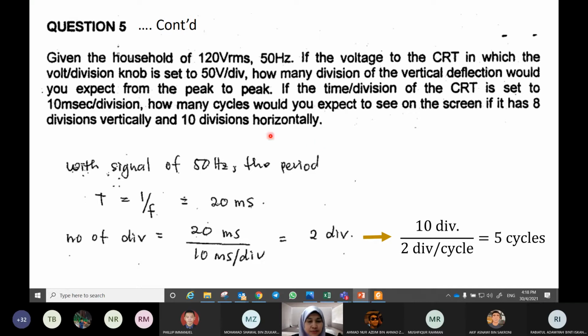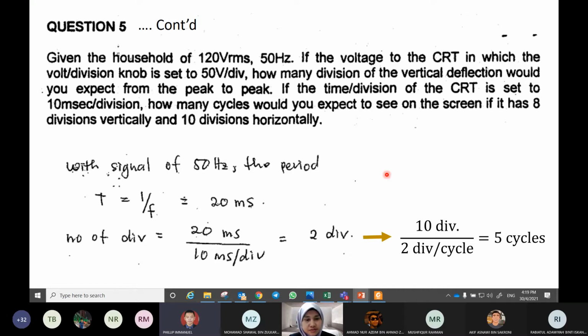Any questions? Can you imagine 5 cycles? Can you sketch those 5 cycles on your piece of paper?